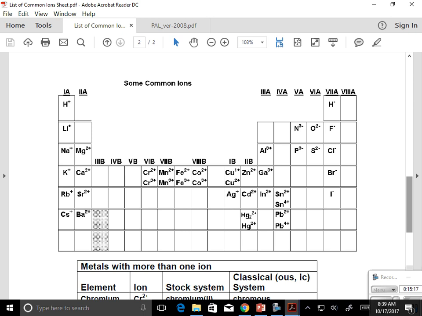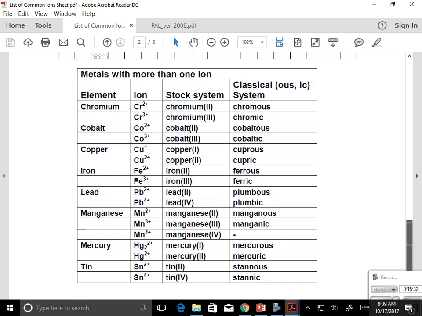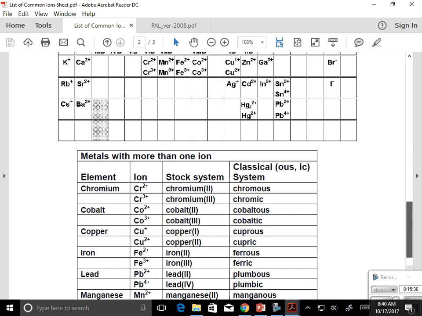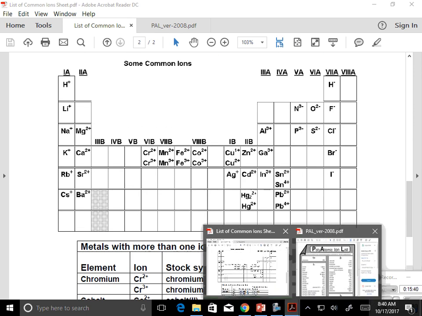Right there, they're plus 2. We talked about the halogens. So this will help you associate where those are. We'll talk about this bottom part here, with the stock system and the Latin naming, later on, maybe tomorrow, but it'll be sometime coming up.